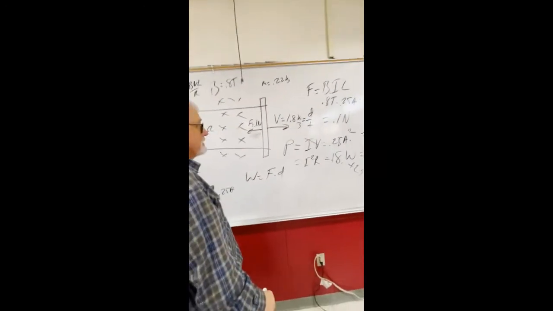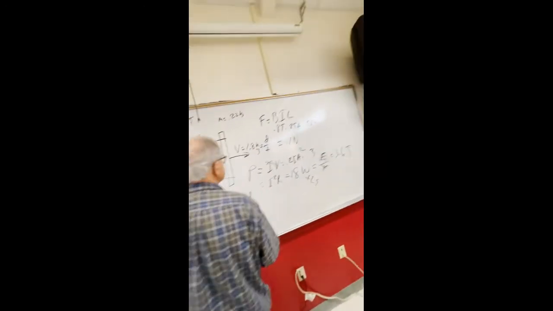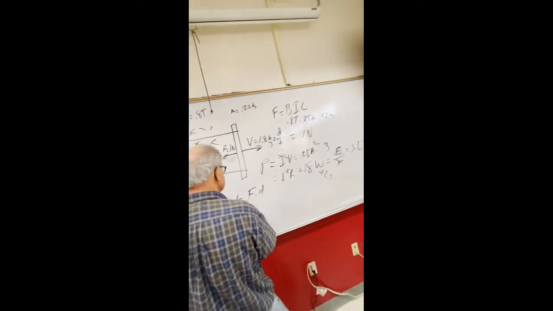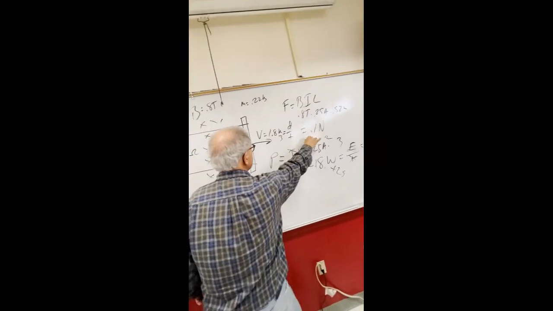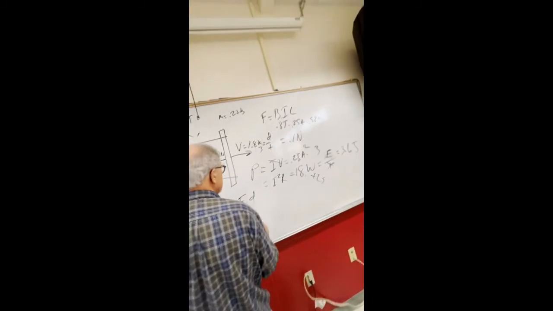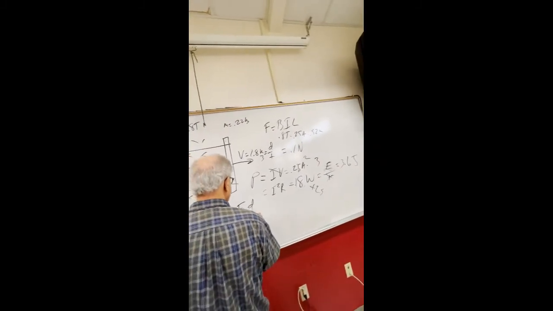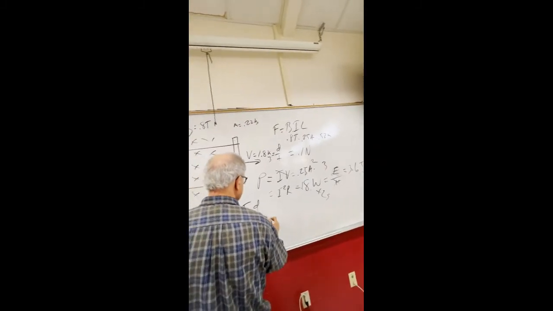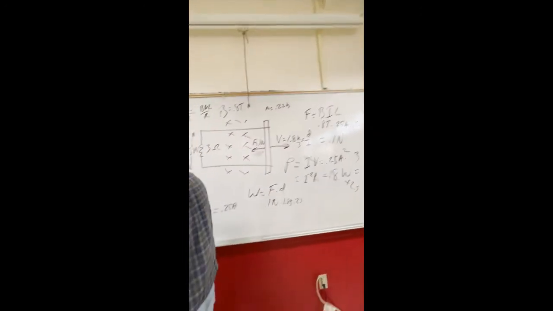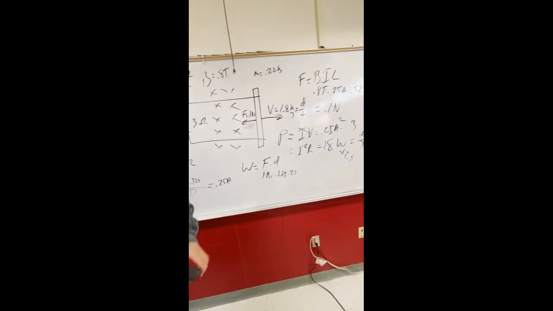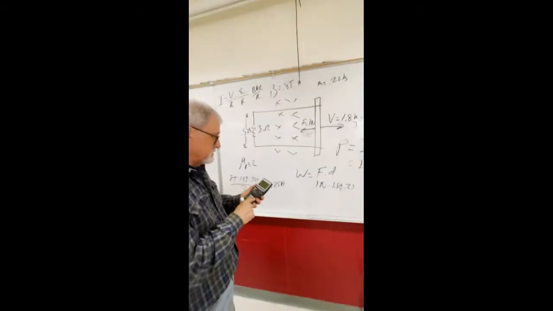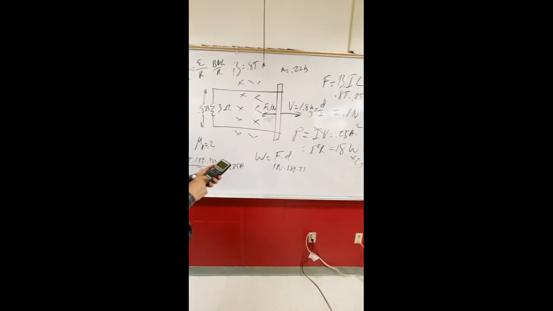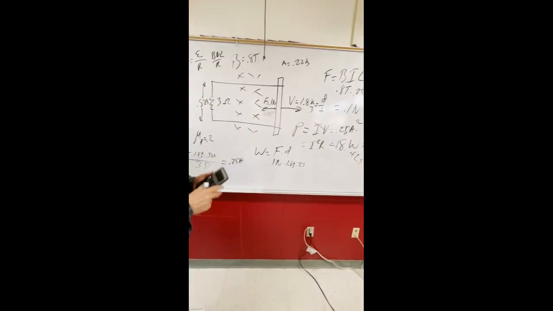So we just multiply it times 2. The force is 0.1 newtons, that's what we got up here, times 1.8 meters per second times 2 seconds. 0.1 times 1.8 times 0.2 gives 0.036 joules.